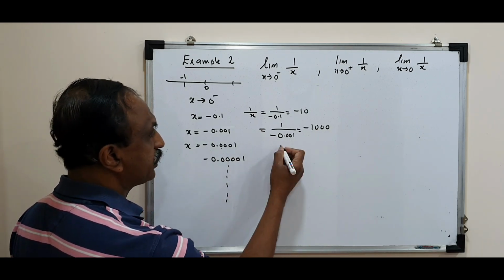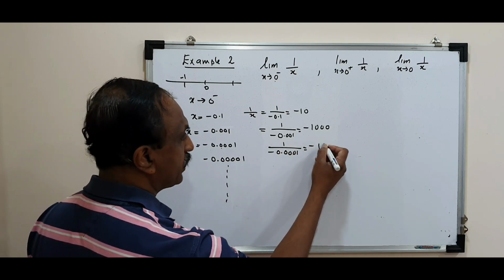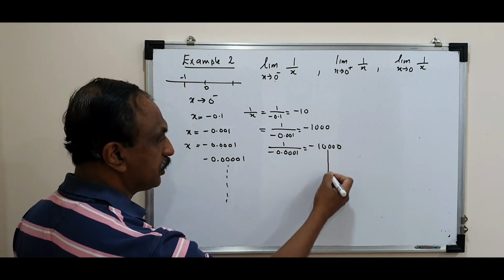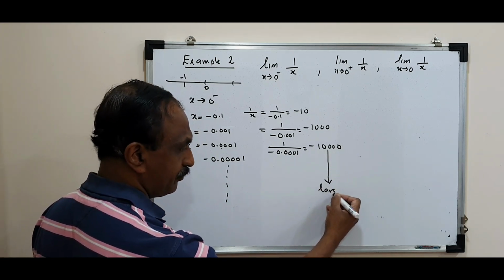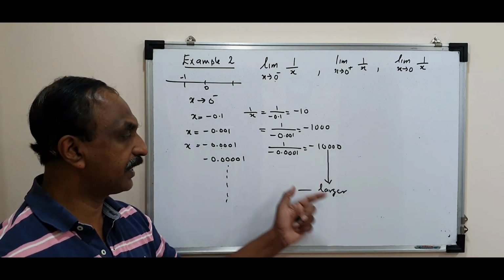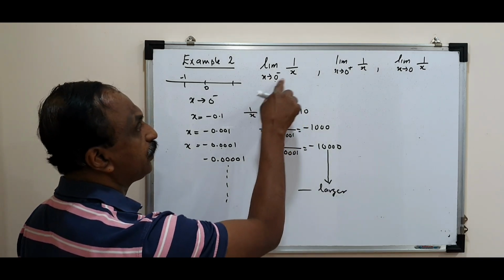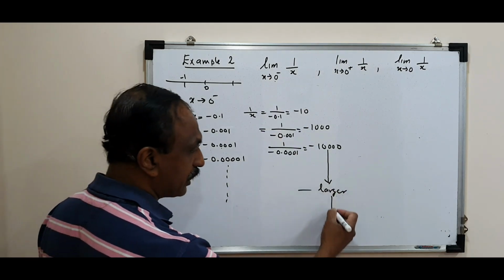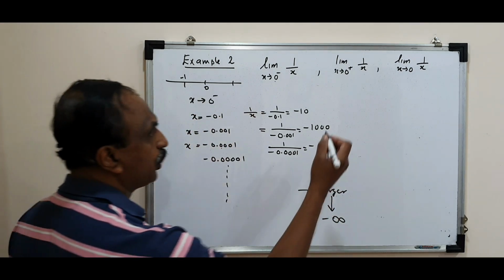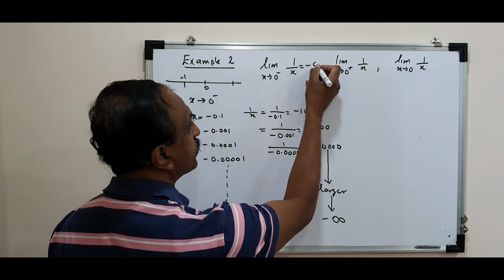So if you continue in this process, this is looking larger, larger, larger, but with a negative sign. Numerically large with a negative sign. So I can conclude that when x is tending to 0 minus, this will become minus infinity. So your answer for limit x tending to 0 minus 1 by x will be minus infinity.